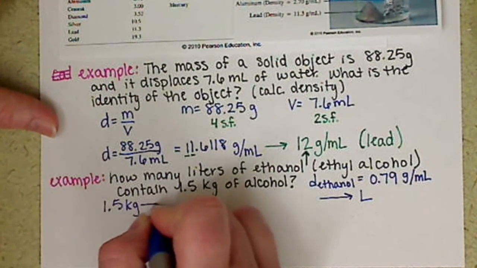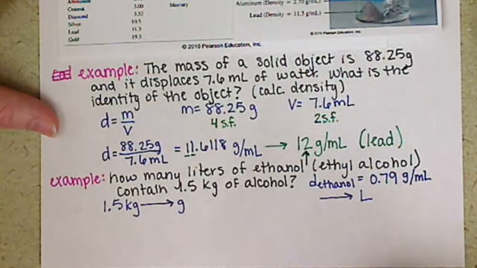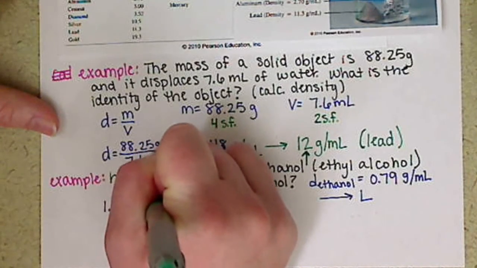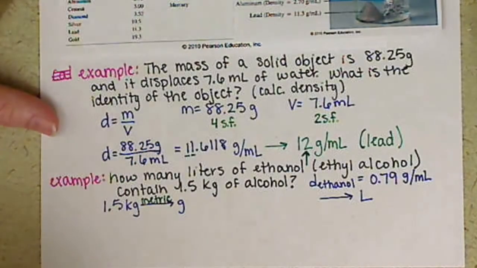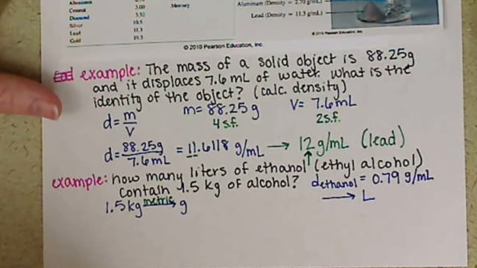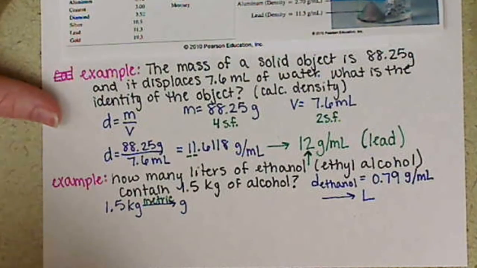We want to convert from kilograms to grams, and that's going to be a metric conversion. For help on that, consult sections 1.7, 1.8, and 1.9.